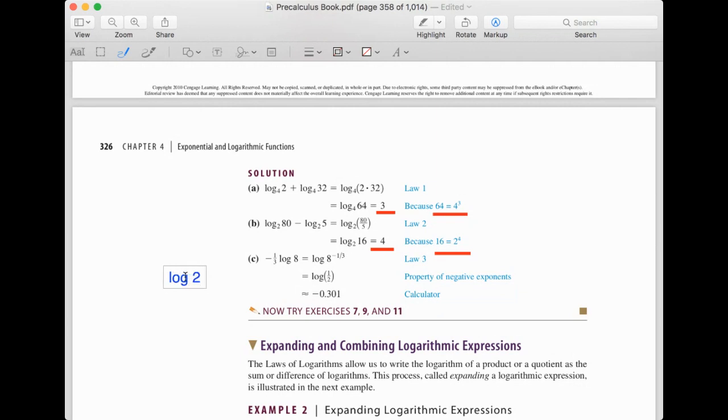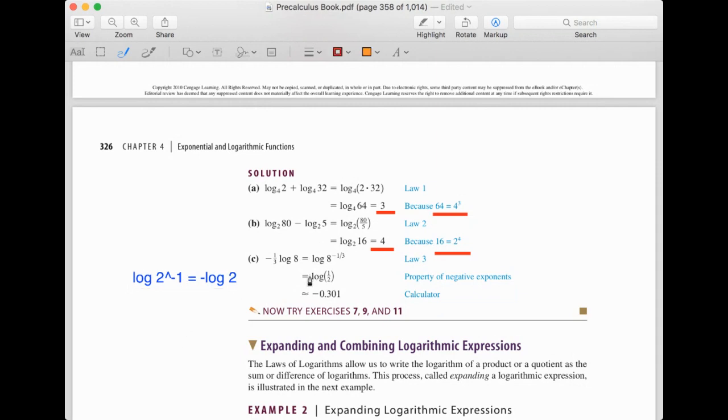So inside the log becomes 2 to the negative 1. Usually we put the negative 1 in front of the log. So that becomes negative log 2.